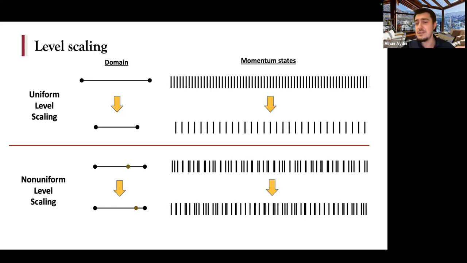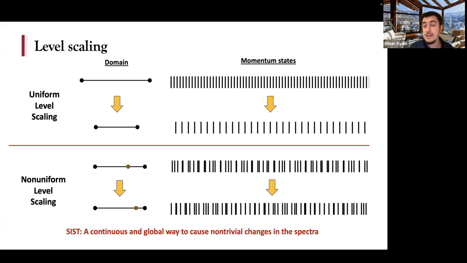The scalings are non-uniform, which means the ground state, first excited state, and other excited states behave completely differently with respect to each other. So this is what we mean when we say non-uniform level scaling. And this is actually a continuous and global way to cause these changes in the spectra. You can do this continuously, and it is a global operation. It's not a mode-dependent operation.